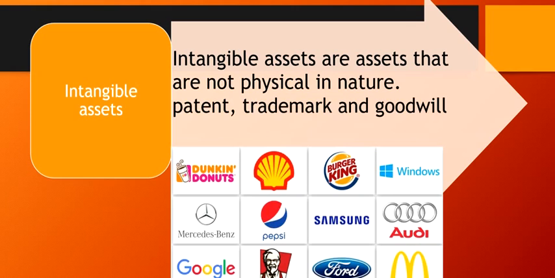Trademark, ni Shell, you tengok gambar ni je you dah tahu. This one Shell, this one Pepsi, this one McD, Windows lah. Logo je, logo trademark. Dan kalau pasal lagu Parapapapa, you know that's belong to the McDonald. That is intangible asset.